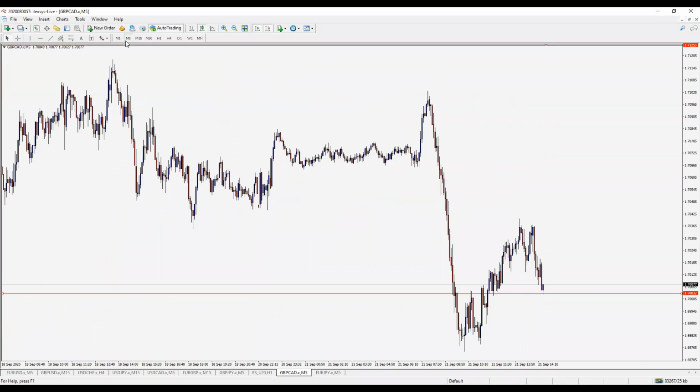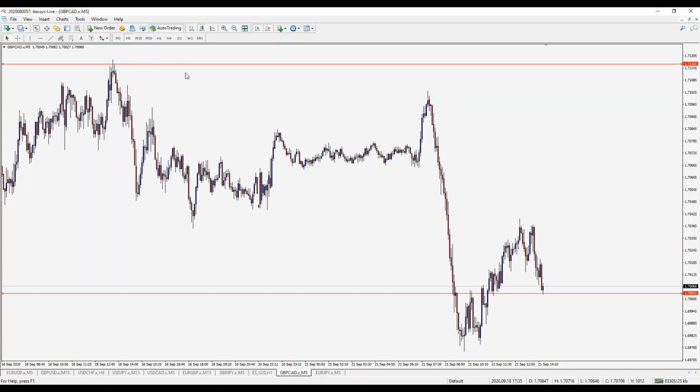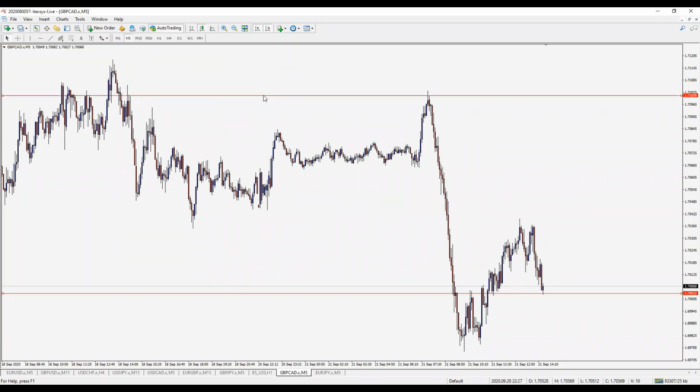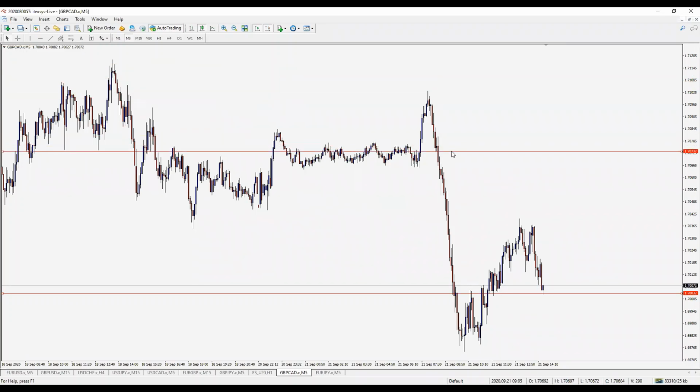If we take a look at the 5-minute chart, I don't see a clear supply. Maybe this one. I don't see a very clear supply to sell. Maybe this one, right? So only if the price reaches this, I'll try to take a few pips as an intraday position. That's all I can say about the GBP Canadian.